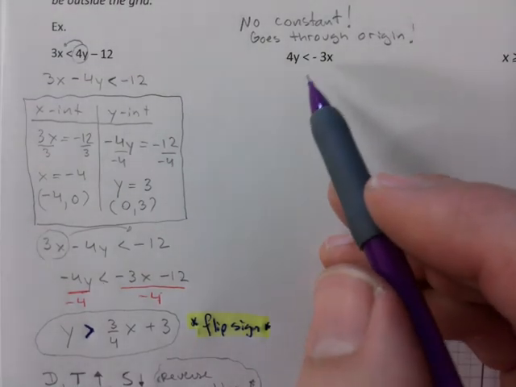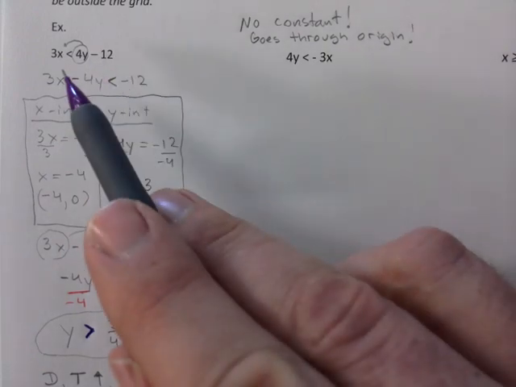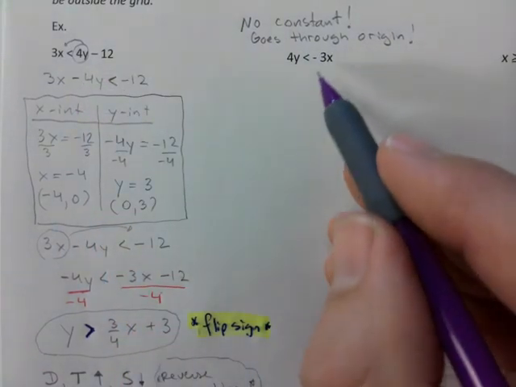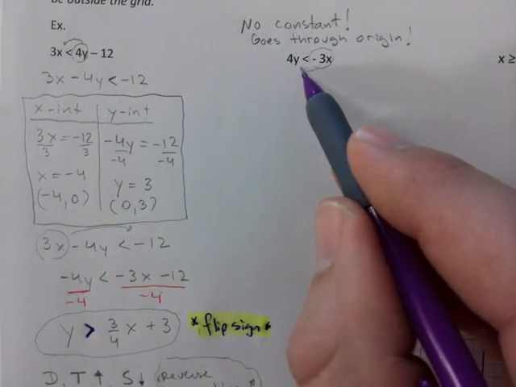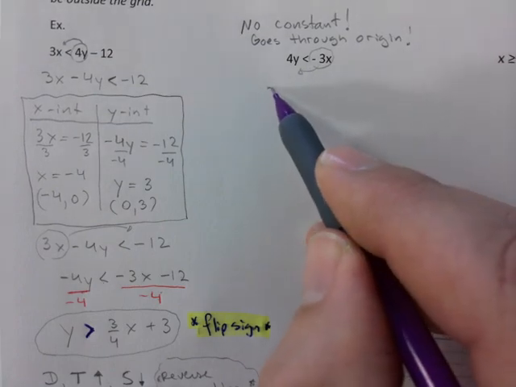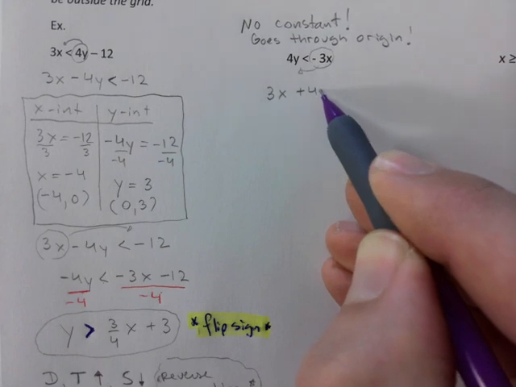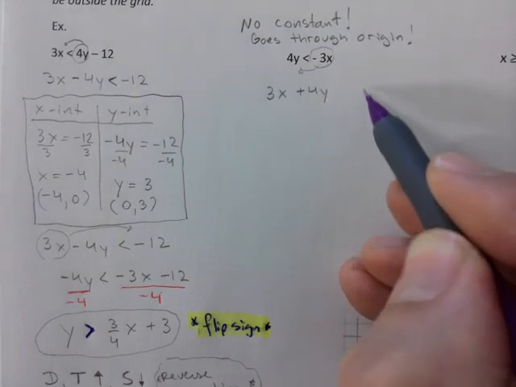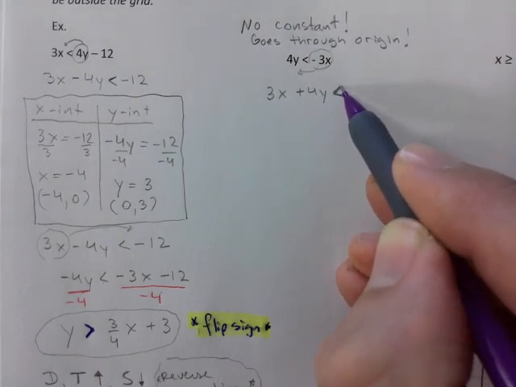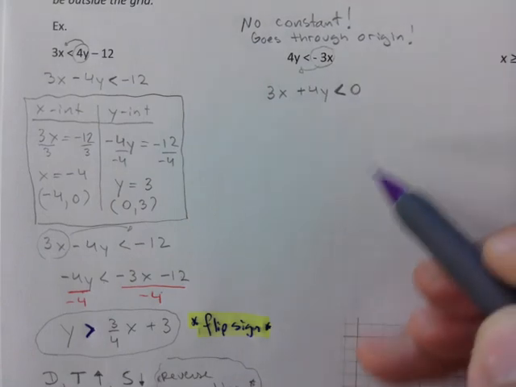So watch this. Let's make it look like this one here. So I'll bring the 3x over. So it ends up positive 3x plus 4y. And what's left on the right side? It's going to be 0.